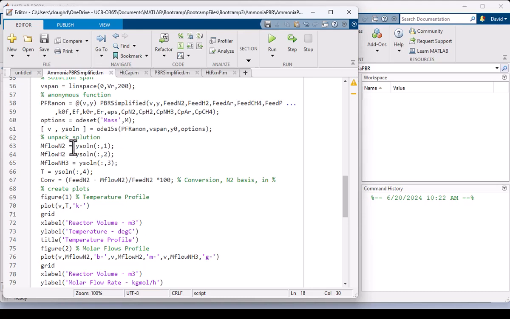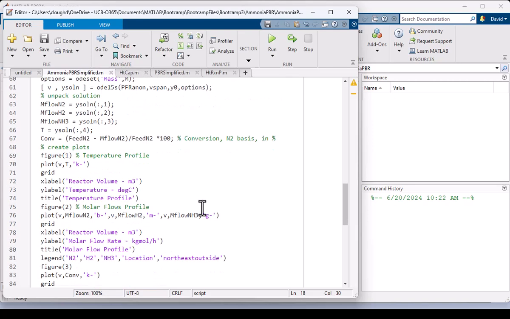And then we unpack the solution that we get at the end, columns 1, 2, and 3, and column 4 for temperature. For all of those 200 points, we calculate the conversion in percent. I'd like to see a plot of that.